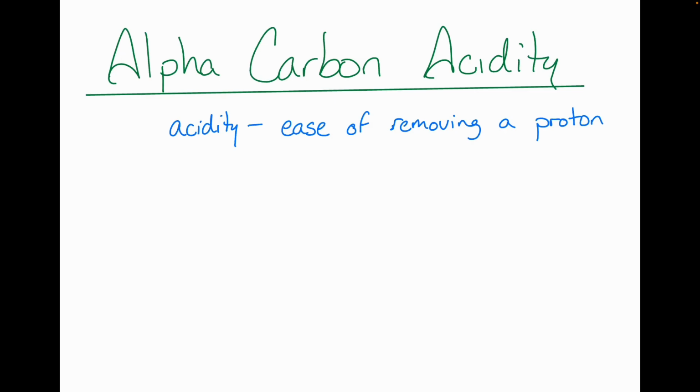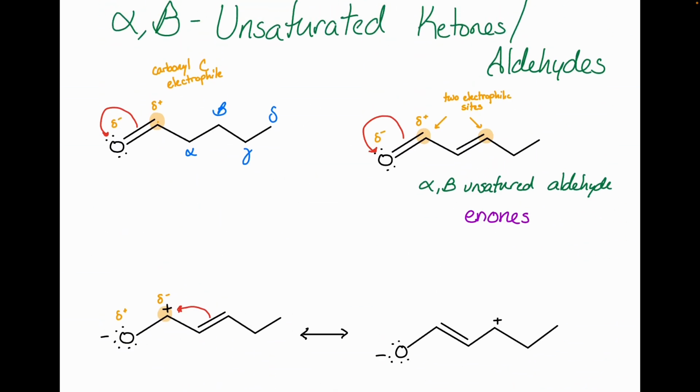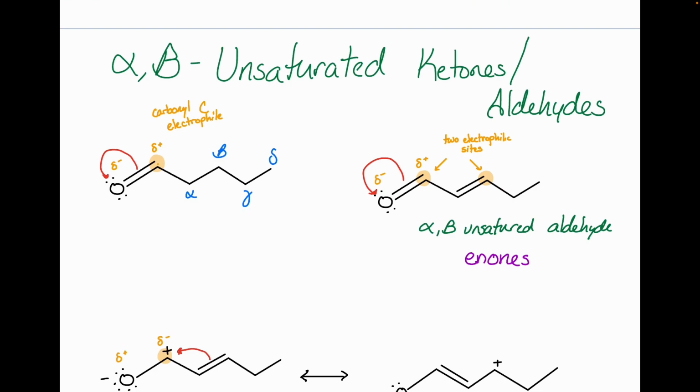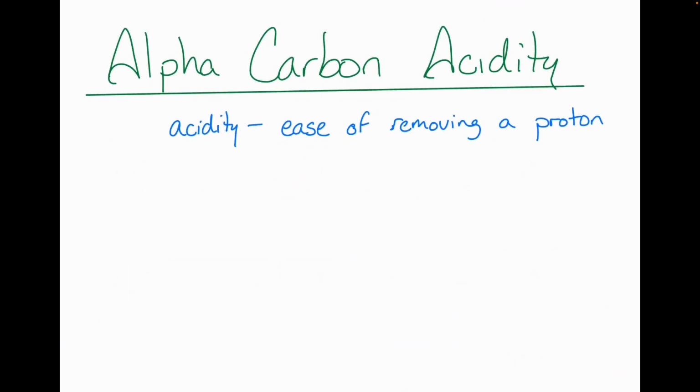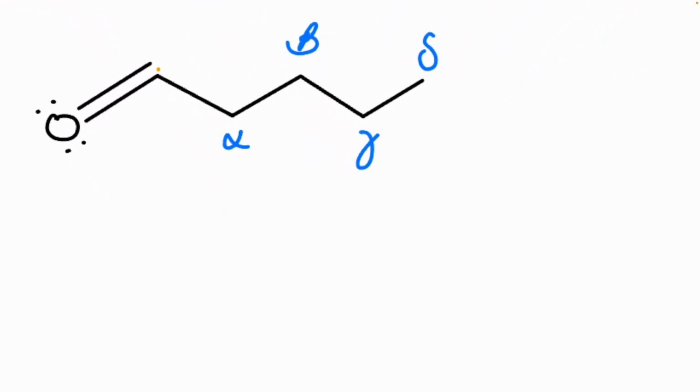At the very beginning, we talked about how we have this labeling scheme for our aldehydes and ketones. So if I'm talking about the alpha carbon acidity, I'm talking about removing these hydrogens here.